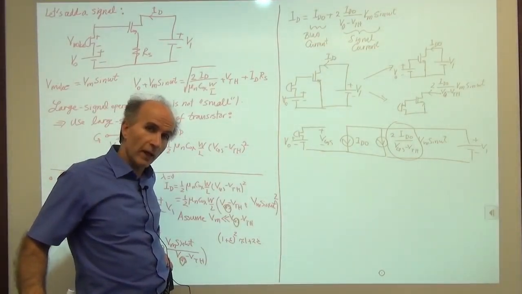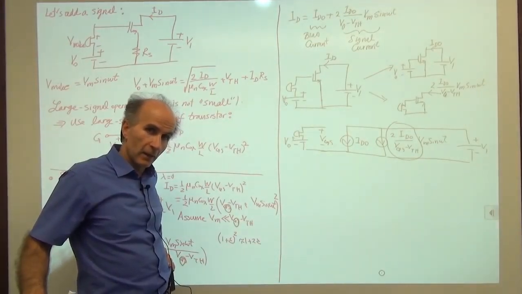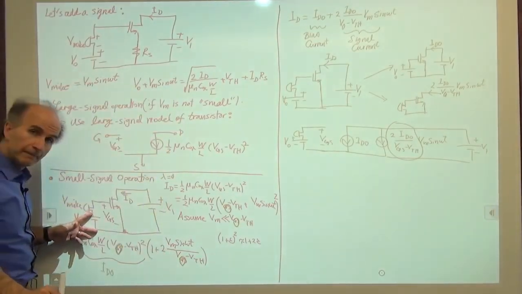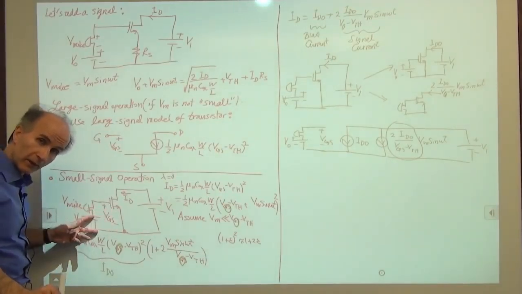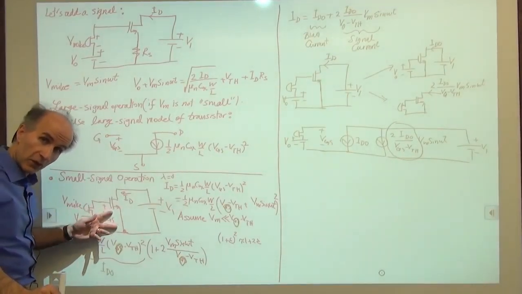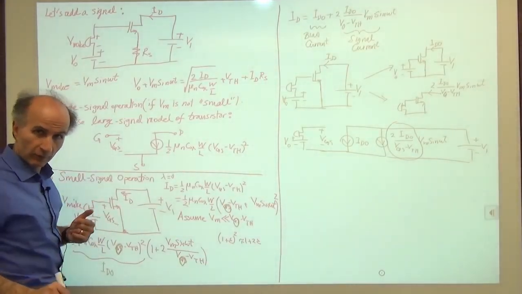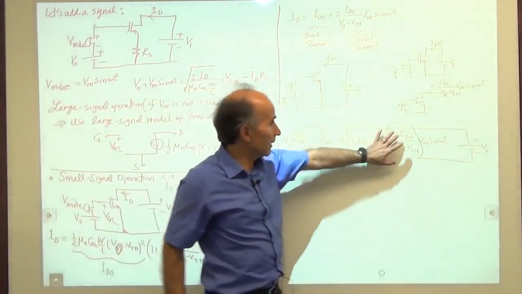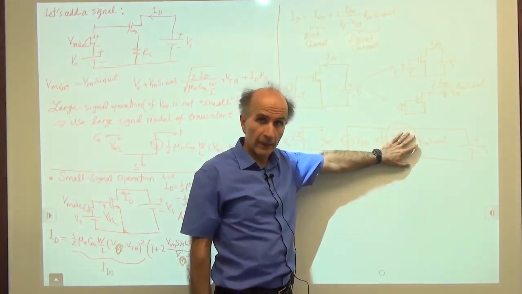And it's equal to twice the bias current divided by the bias overdrive voltage. Because V0 is here, and when there's no signal, the gate source is equal to V0. So it's like VGS under bias conditions minus the threshold. So that's the overdrive voltage under bias conditions. So this is entirely bias dependent. It's not signal dependent, hopefully.